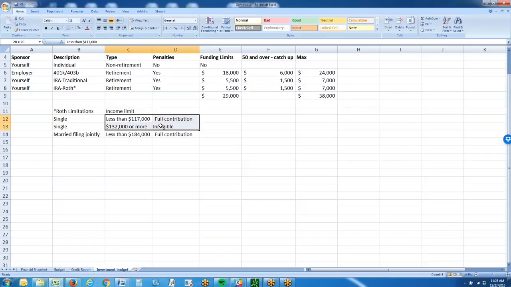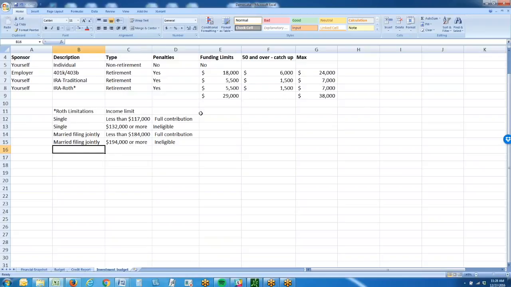In between, it's phased out, so you still can contribute, but not the full amount. For married filing jointly, the cutoff point is $194,000 or more, and then you are ineligible, so you can't contribute.